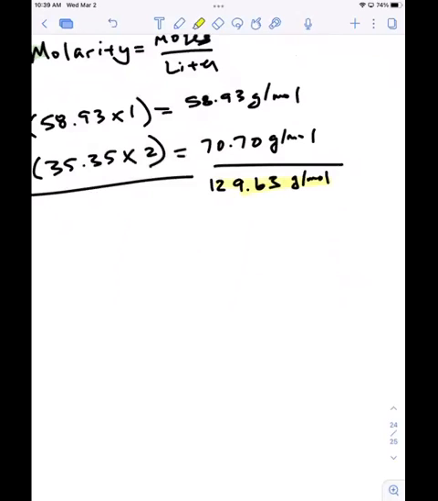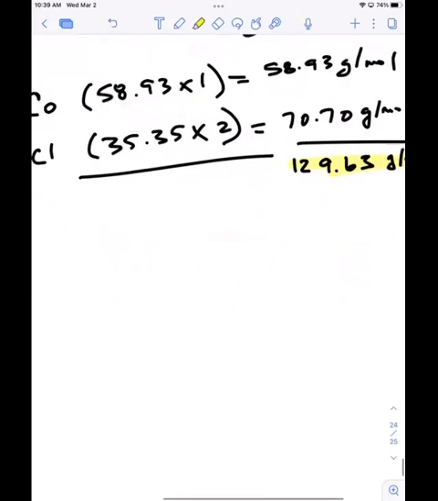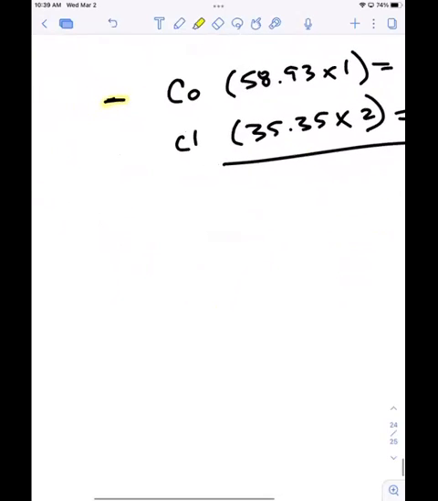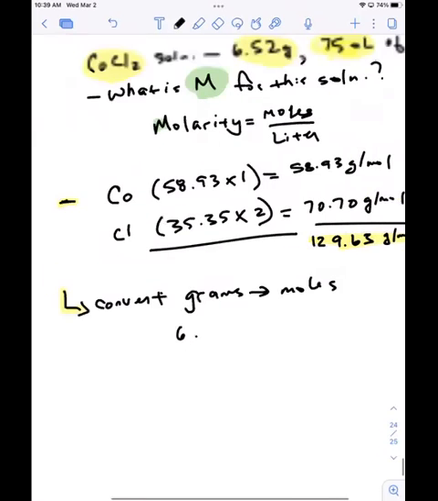So we can take the grams of cobalt 2 chloride, 6.52, and divide by that.